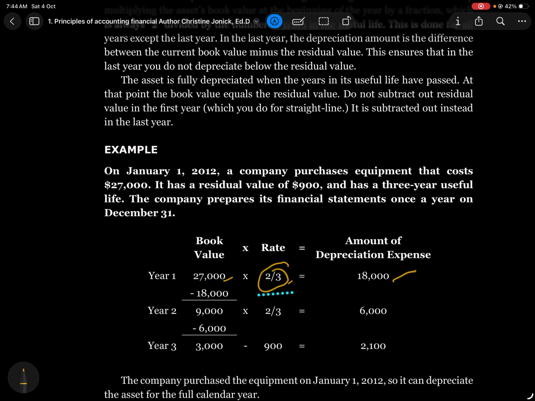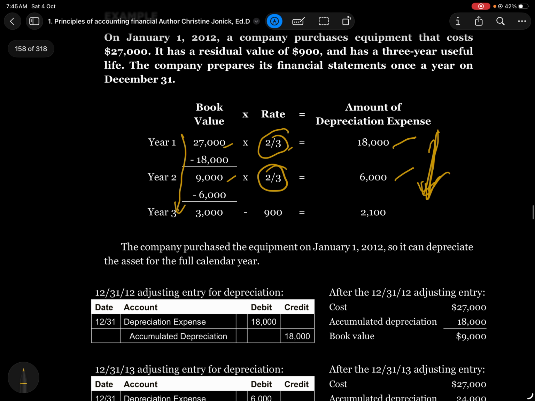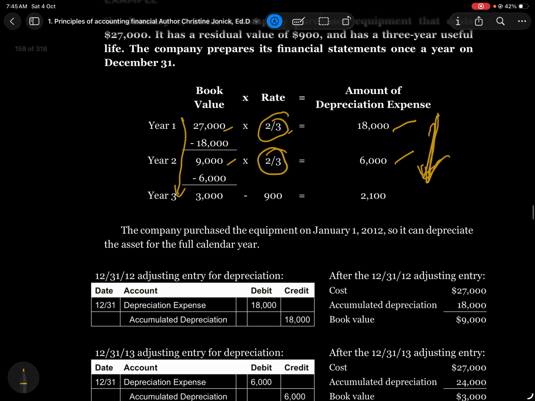That's the depreciation expense. Next year, we use the book value to calculate with the rate, but we get a different depreciation expense. It would always go down. The book value will be going downwards, hence our depreciation expense also goes down, right? As you can see over here.